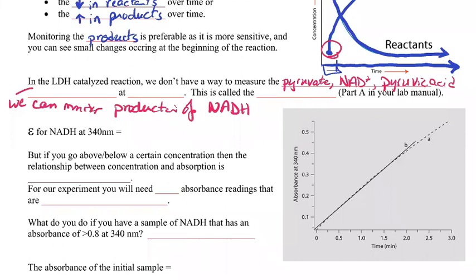So we can measure production of NADH because of its unique extinction coefficient, that's the epsilon that you see in that method. And that has to be at a particular wavelength. And so this one is at 340 nanometers.